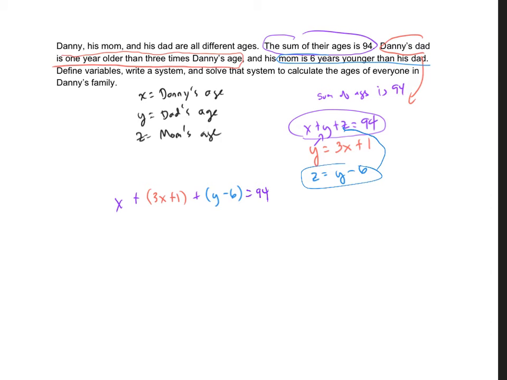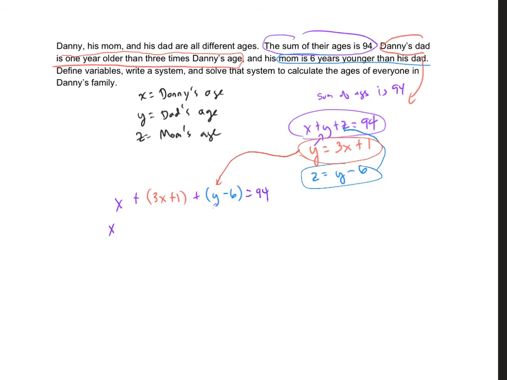Now, we've gone from 3 variables down to 2, so that's good. But now we need to go from 2 down to 1. So I see that I've got this y that's here. So what I'm going to do is take the information that I know about y, and I'm going to replace that y with this information.